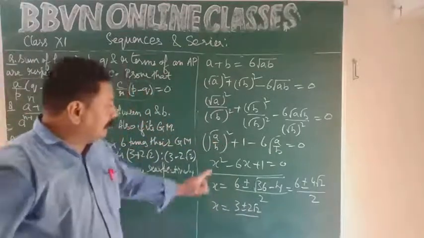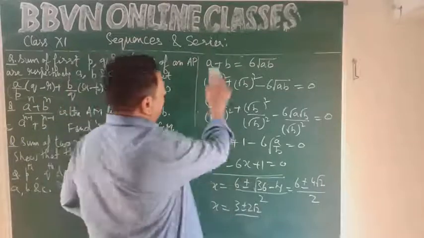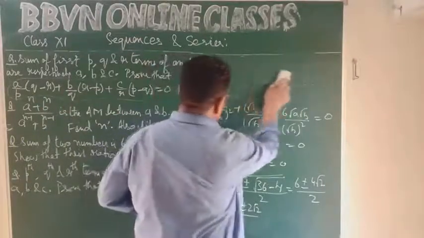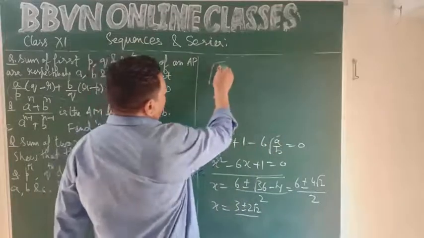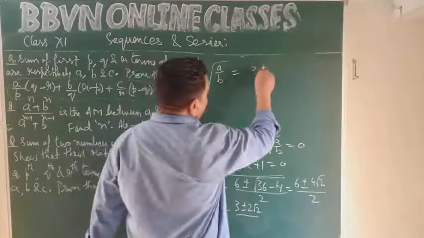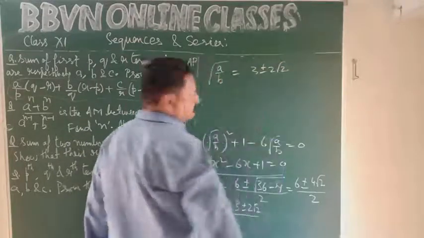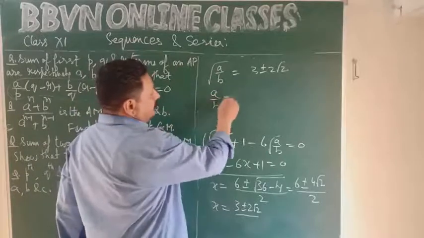What is x? x is under root a upon b, which is equal to 3 plus minus 2 root 2. Squaring both sides, a upon b.